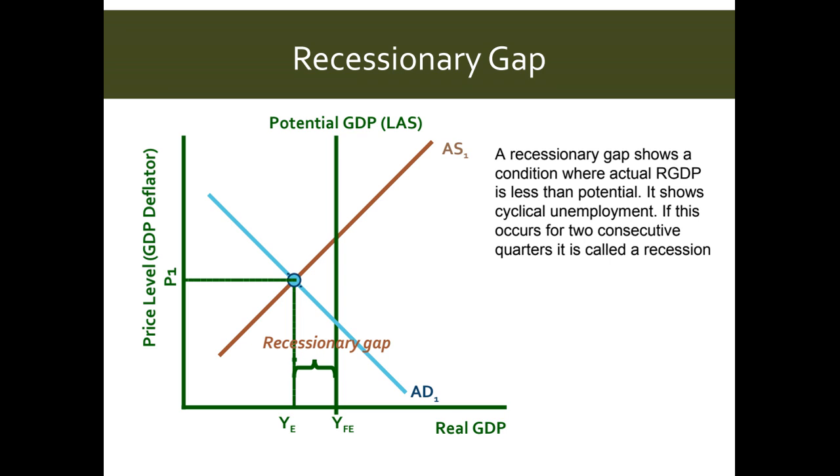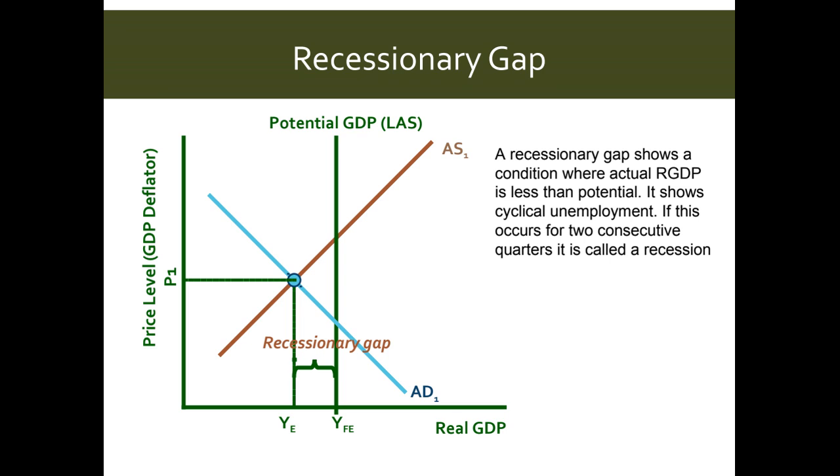So you can see YE is less than YFE. It shows cyclical unemployment in the country. So we do have some unemployment in the country, not frictional or structural, but cyclical unemployment. Because if we have zero cyclical unemployment, then our equilibrium would be exactly at YFE. This is what we call full employment equilibrium that I showed you in the previous slide.